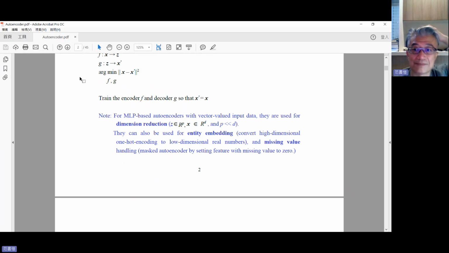It converts the high-dimensional one-hot encoding to a low-dimensional real number encoding. I use it in the back-end-of-line semiconductor packaging process, going through testing. The entity embedding provides good modeling capability, and missing values can also be handled quite well.